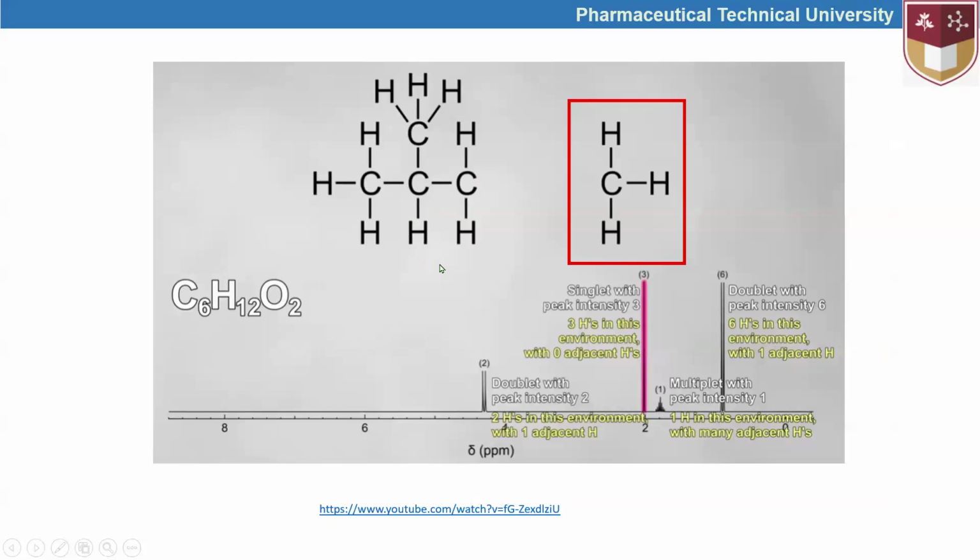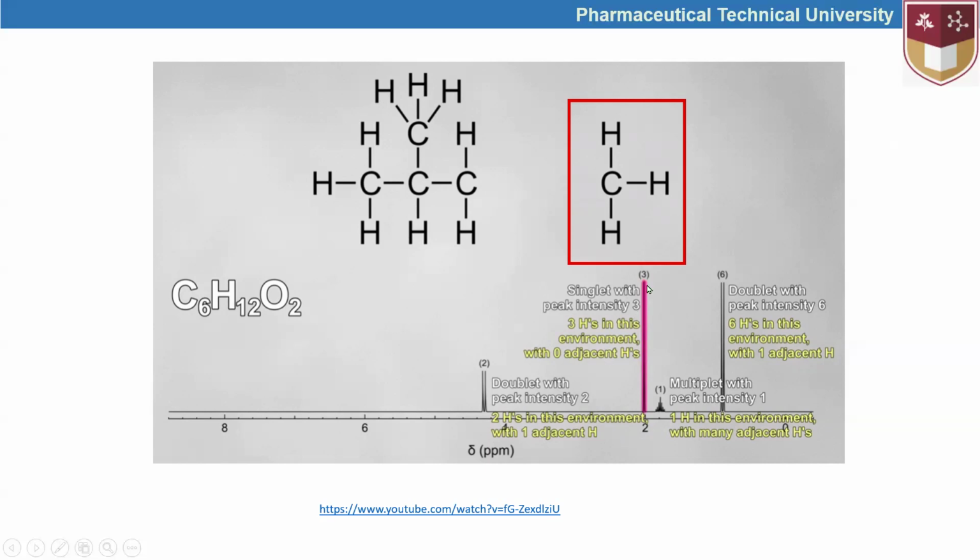Okay, next. And singlet with peak intensity 3, which means this peak belongs to the hydrogens, which has 3 of the same type of hydrogens, but with no adjacent hydrogens.